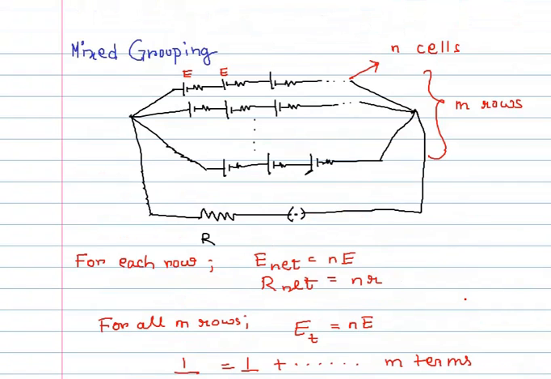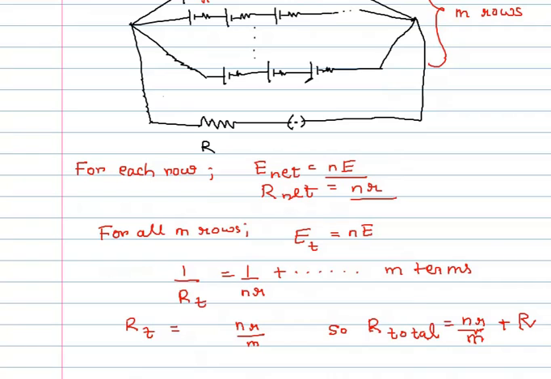So what happens in mixed grouping? Once again, in each row we have n number of cells. Each cell has an EMF E, but they are in series, so it becomes nE, and each cell having internal resistance r in series, that becomes nr. So that is the configuration for each row, and we have m rows.